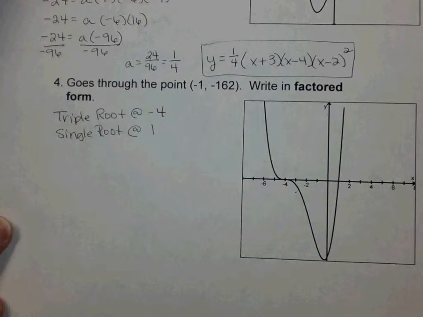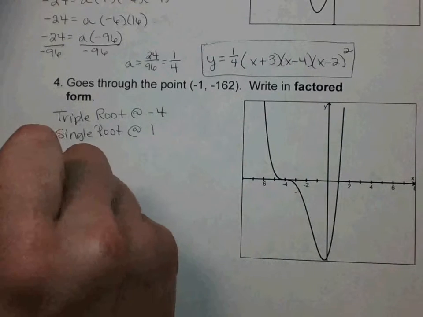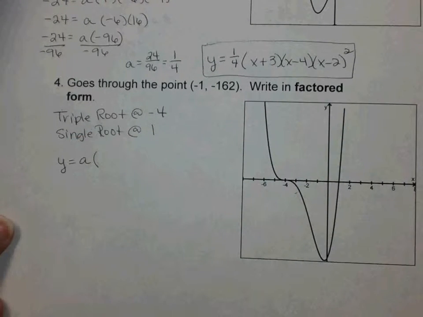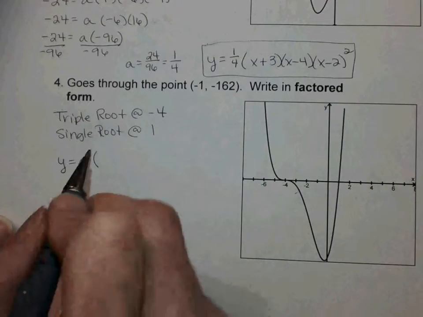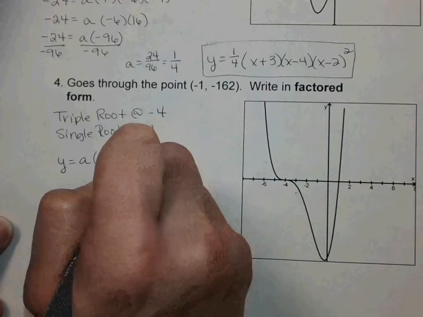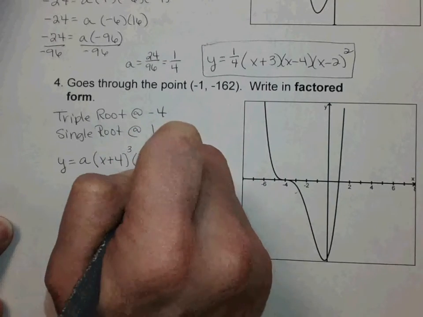So first thing you're going to do is write it with the letters y, a, and x. So y equals a times x plus 4 cubed times x minus 1.